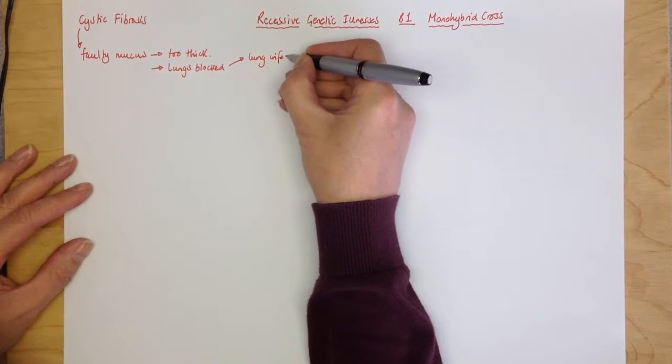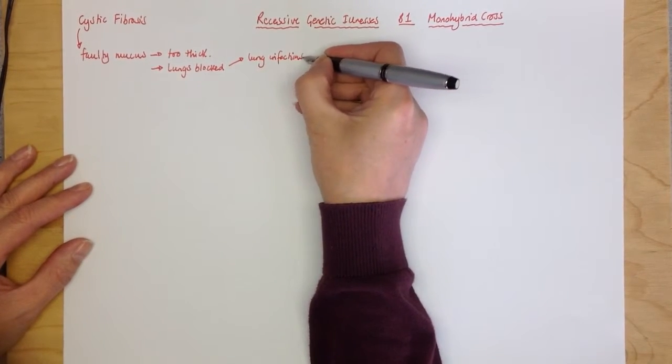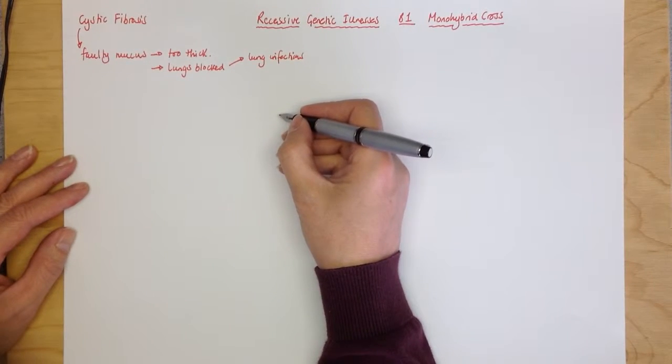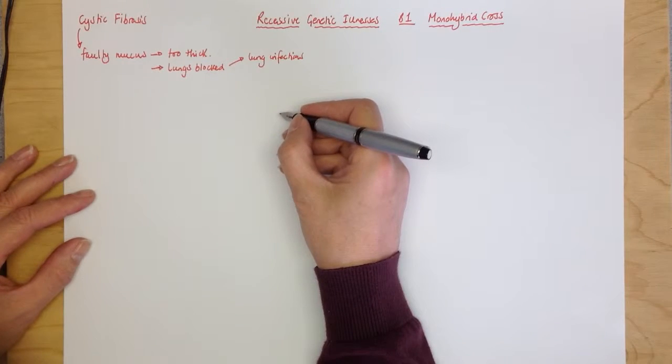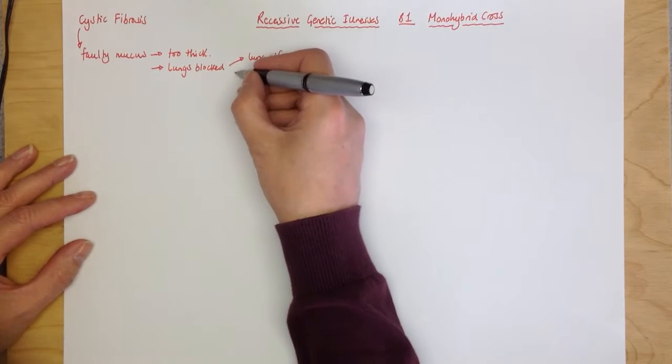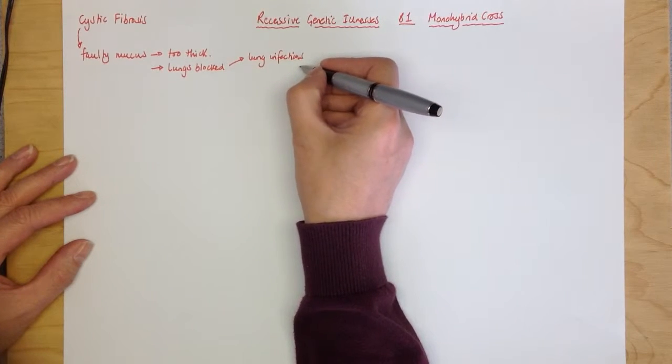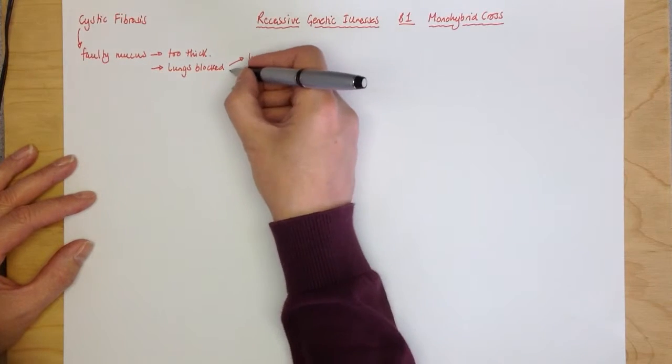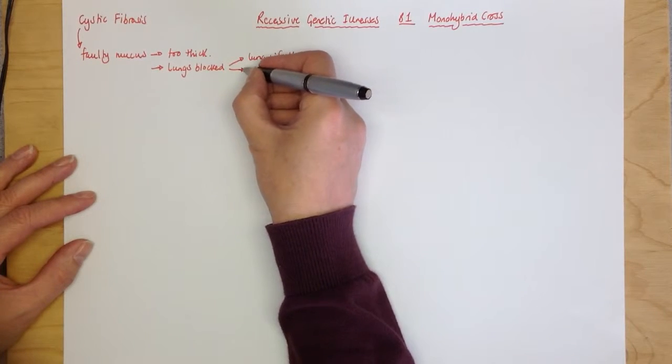So your poor cystic fibrosis sufferers have to have lots of intensive physiotherapy, bashing them on the back to loosen the mucus so they can cough up a cup of mucus, and they're often ill because they have these lung infections, so they often have to have courses of antibiotics. Eventually their lungs can be so badly damaged they may need a lung transplant.